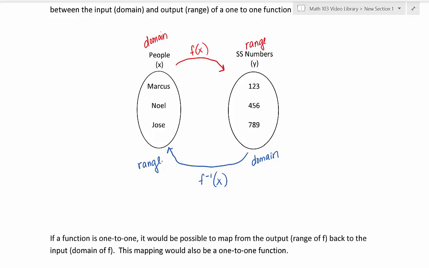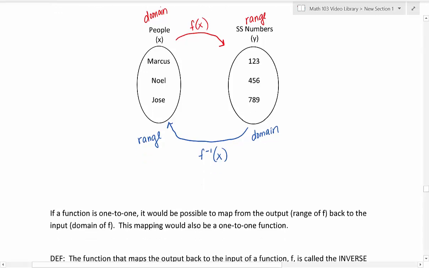People are the domain of f of x, but the range of f inverse. Similarly, social security numbers play two different roles depending on which function we're looking at. The range for f of x, but the domain for f inverse of x.